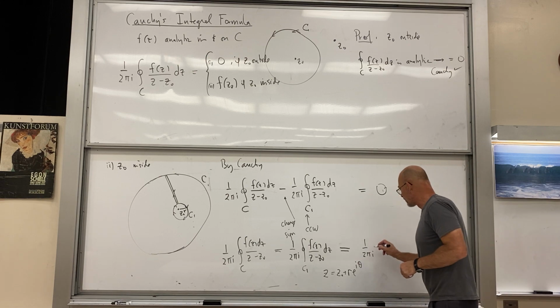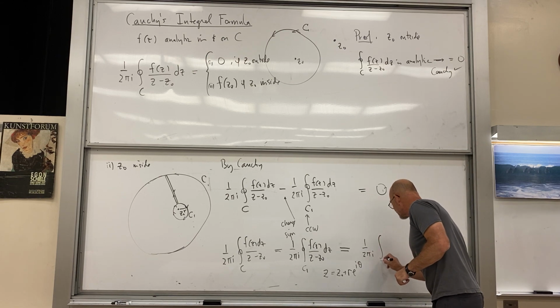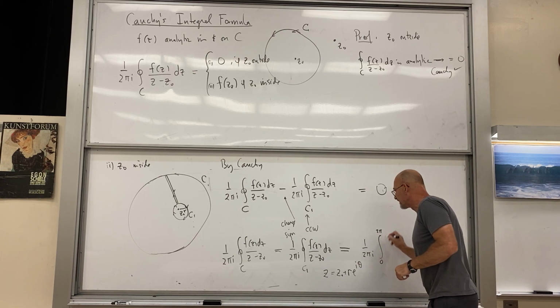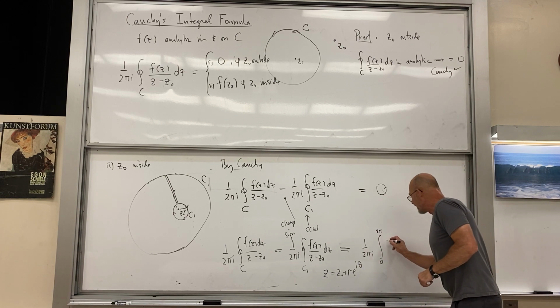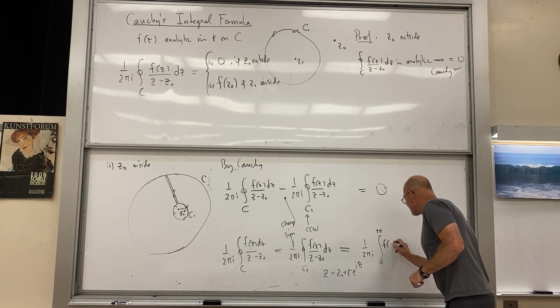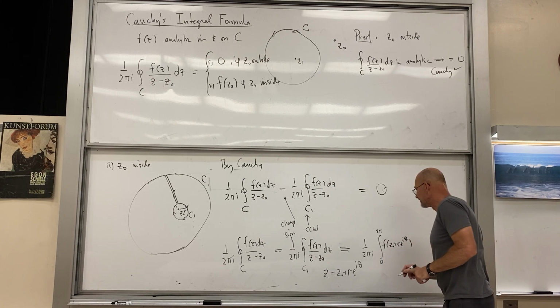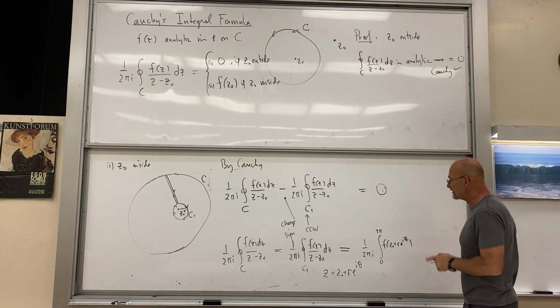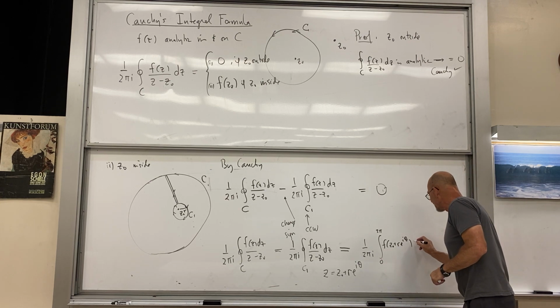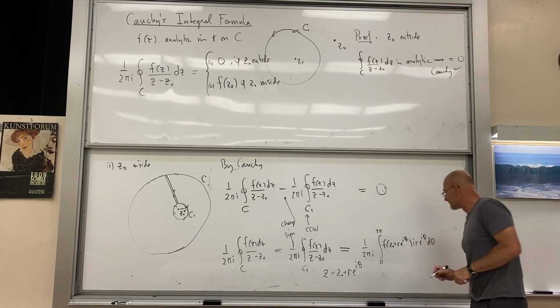And we've done this before. So now we're going a complete circle from 0 to 2 pi. We have f of z naught plus r e to the i theta. And then the dz is i r e to the i theta d theta.